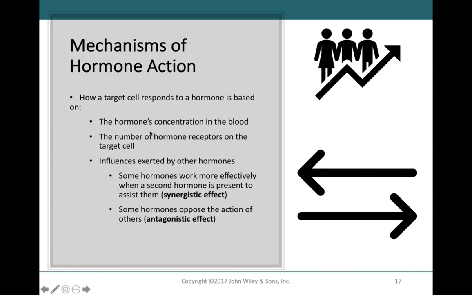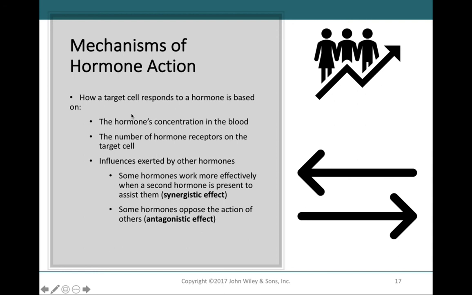These three major factors are the concentration of the particular hormone that can be found in the blood and that is released, the amount of receptors that can be found on the target cell. Keep in mind that this number is going to be changing constantly as we have up and down regulation. And we also have the presence of other hormones that can also affect how target cells will respond to a particular hormone that has been released.